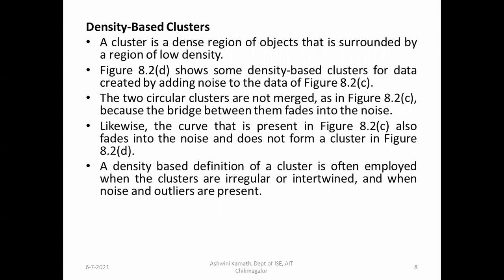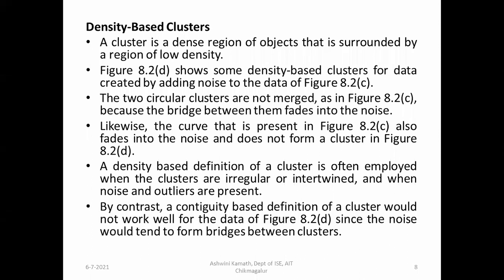A density-based definition of a cluster is often employed when the clusters are irregular or intertwined and when noise and outliers are present. When we want the clusters to be in irregular shape, that is, not globular, then density-based clusters are used.